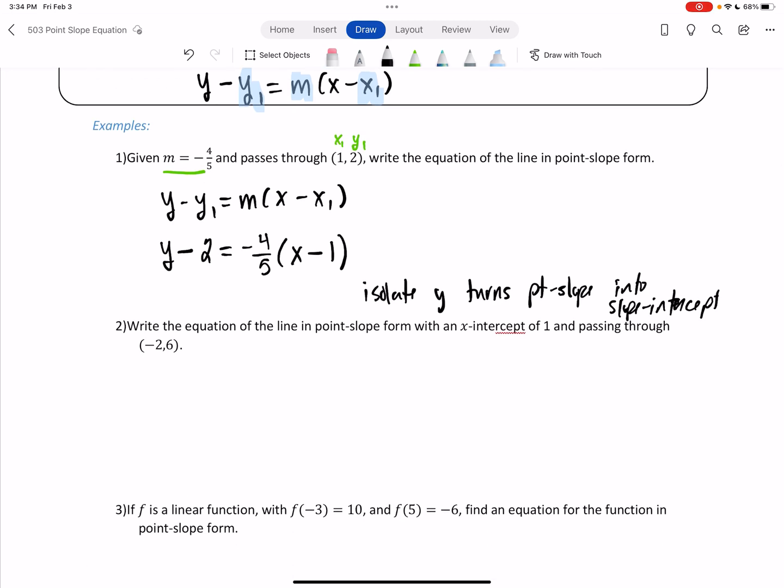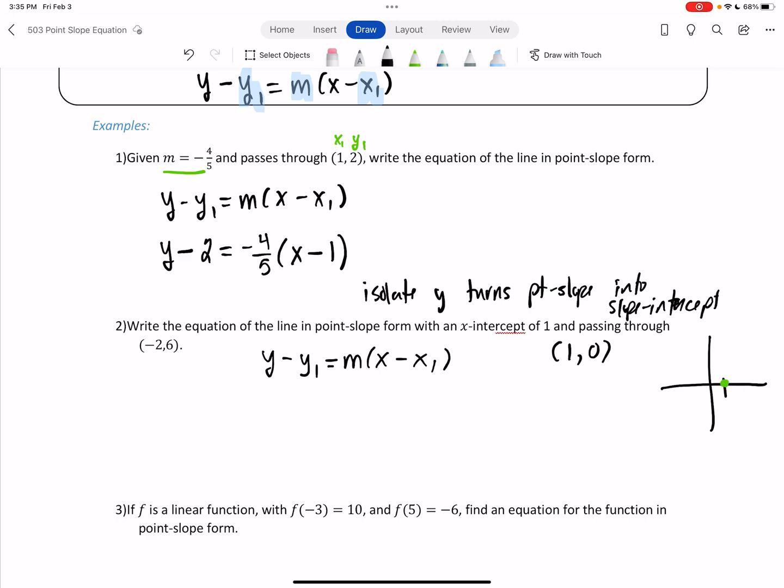Okay, let's try again. Write the equation of a line in point-slope form with an x-intercept of 1 passing through the point negative 2, 6. Okay, if the x-intercept is 1, that's the point 1, 0. If you think about it, it goes through this right here. It crosses the x-axis at 1. So if you write it down in coordinates, you would get x equals 1, y equals 0.